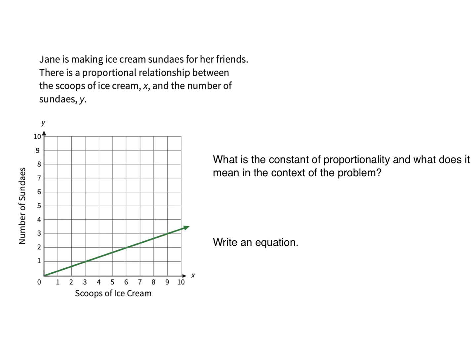All right, from our graph, I'm going to make a rate table. We're comparing scoops and sundaes. And I can tell us that the scoops is on the x-axis and the sundaes is on the y-axis. So that means that the x-axis is our independent. So that's the one we'll want to get down to 1.